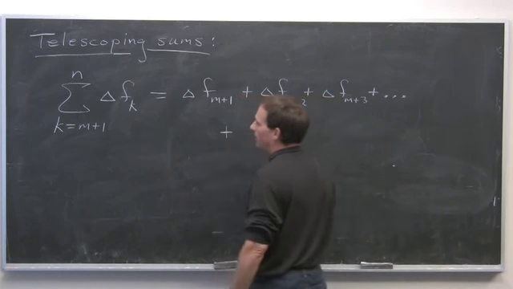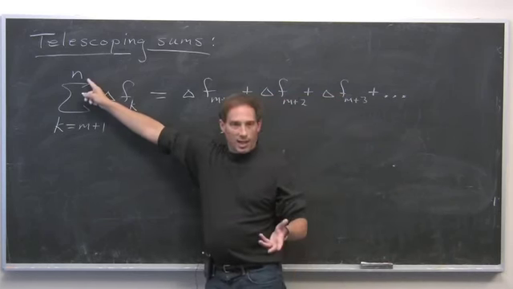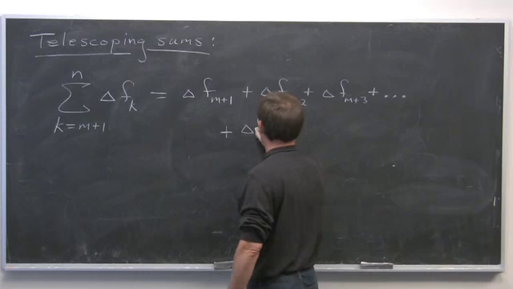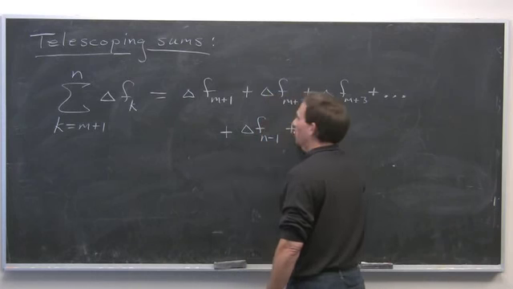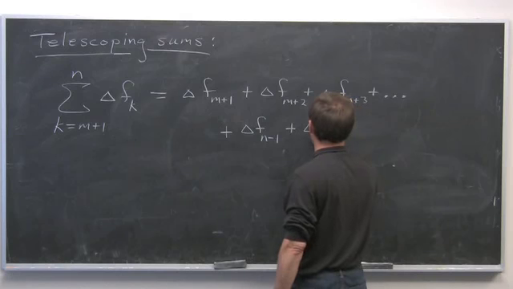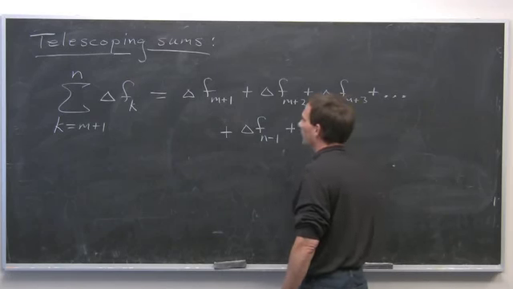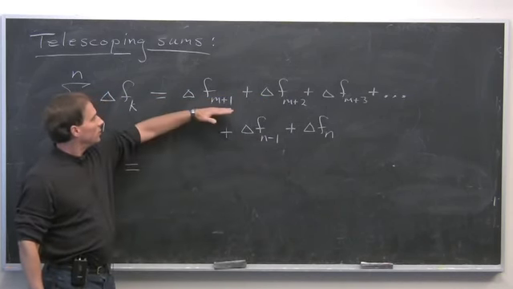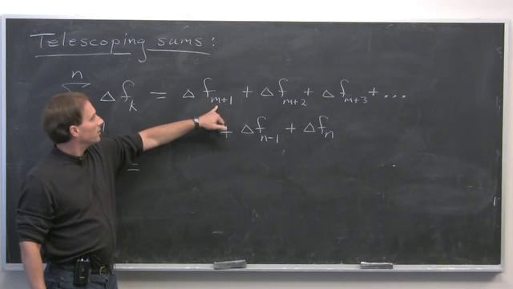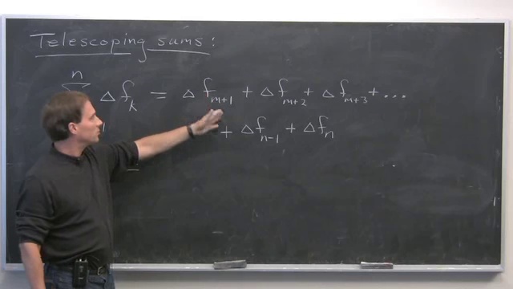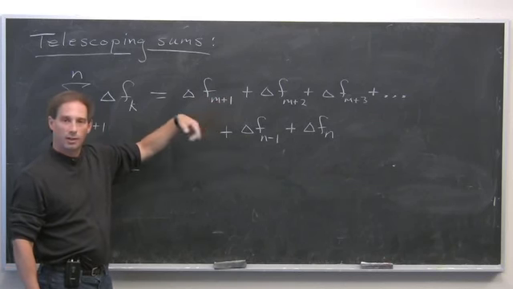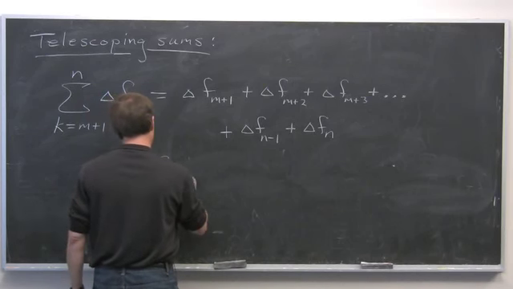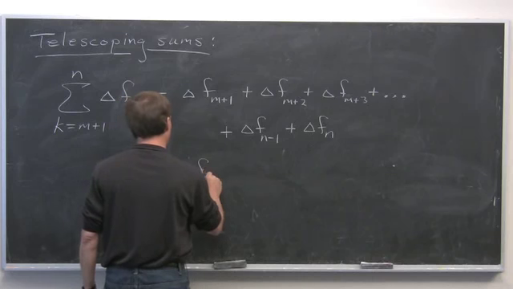And then the next to last term would be when k is n minus 1, so I'll write delta of f sub n minus 1, plus what you get when k is n. So you get this. But what do these deltas mean? Each delta means you take this f sub whatever, and subtract f of one lower index. So this first term is f sub m plus 1 minus f sub m.